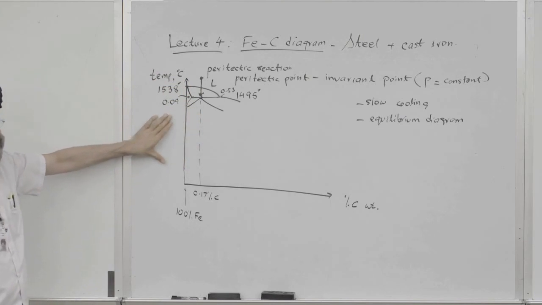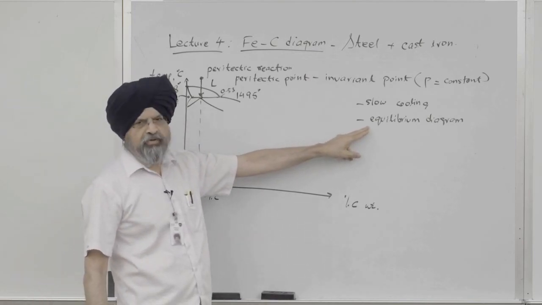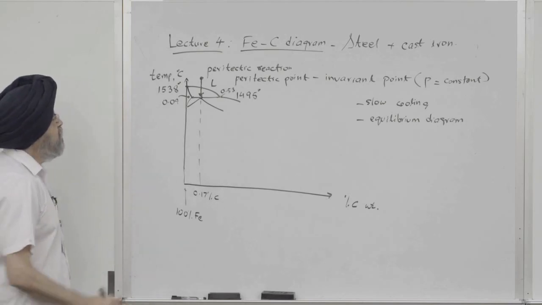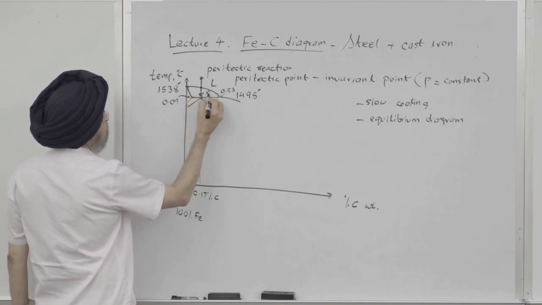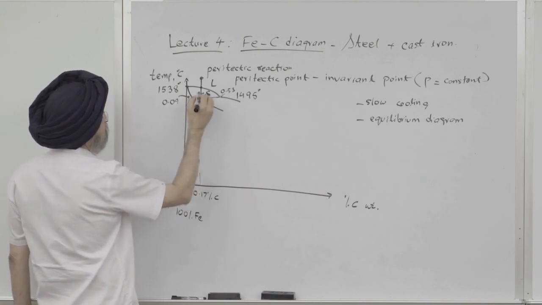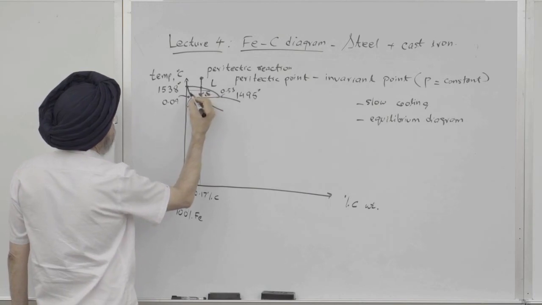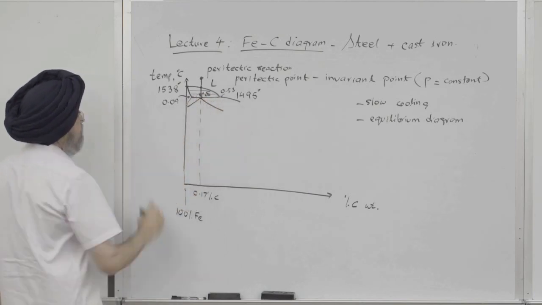So for today's lecture, everything is slow cooling. We try to stay as close to equilibrium as possible. At this point, you have liquid plus a phase called delta. When you cool below that point, you have more delta and less liquid.